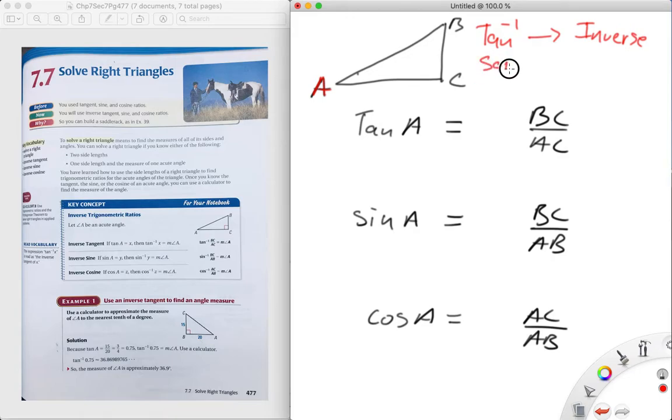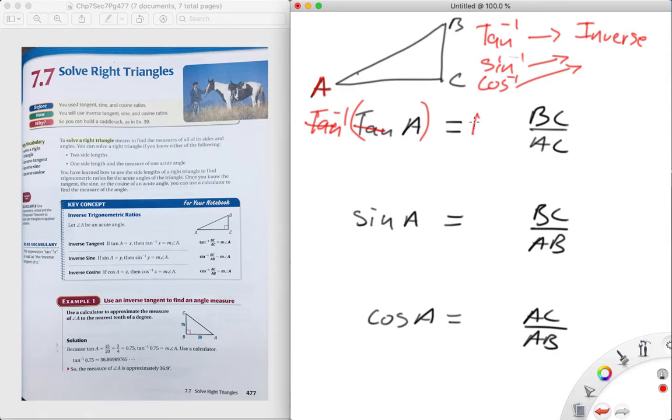Sine of -1 and cosine of -1 all mean inverse tangent, inverse sine, inverse cosine. And what the inverse does is that it cancels out tangent. So inverse tangent cancels out tangent.